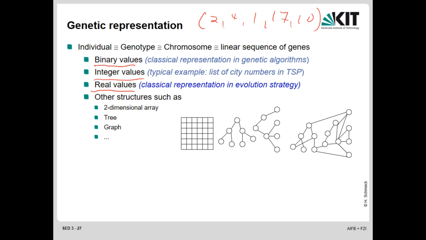For a scheduling problem, you might have a certain priority rule, like earliest deadline first, and then you might have a sequence of real values, let's say sigma 1, sigma 2, and so on, and sigma n, and these sigmas are real values which are used to modify the priorities that you have in your priority rule.